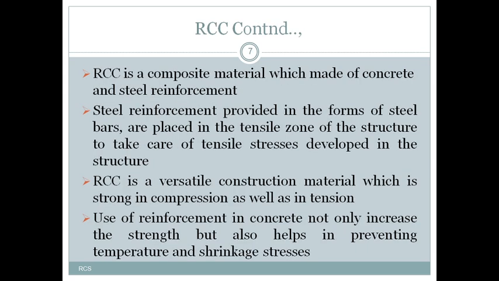RCC is a composite material because we are using two different materials: one is concrete, and the other is the reinforcing material, that is steel. The steel reinforcement, provided in the form of steel bars, is placed in the tension zone of the structure to take care of the tensile stresses developed in the structure. RCC is a versatile construction material which is strong in compression as well as in tension.